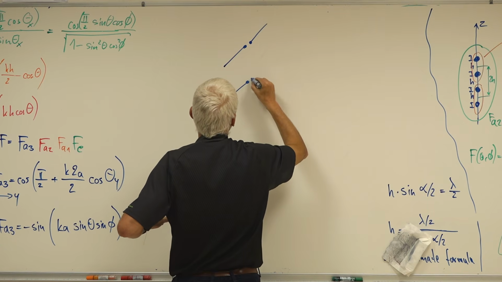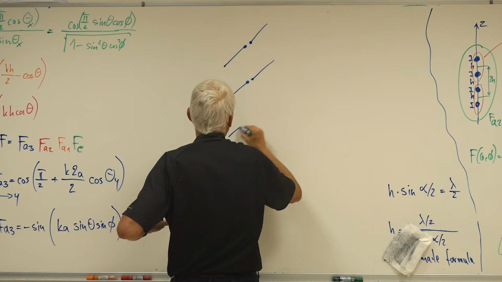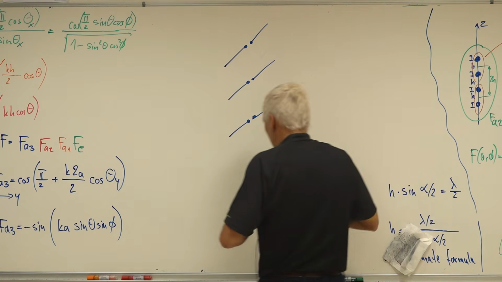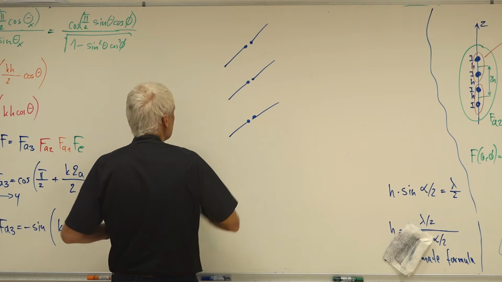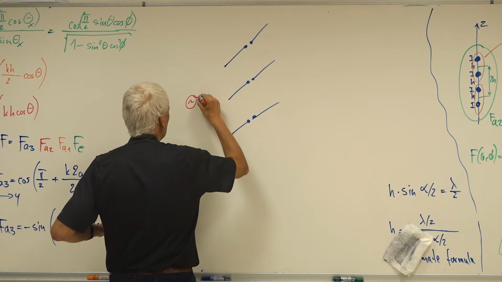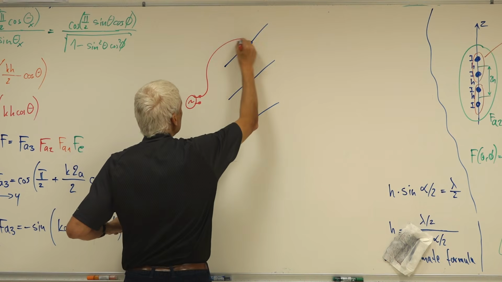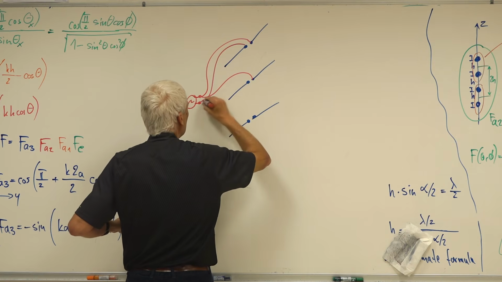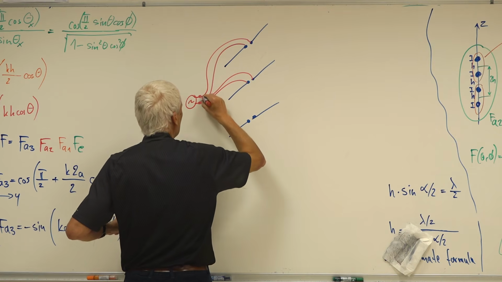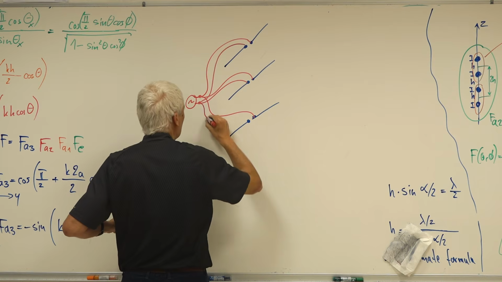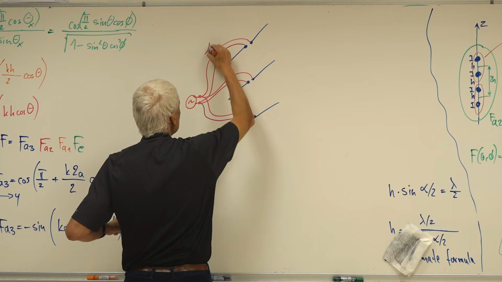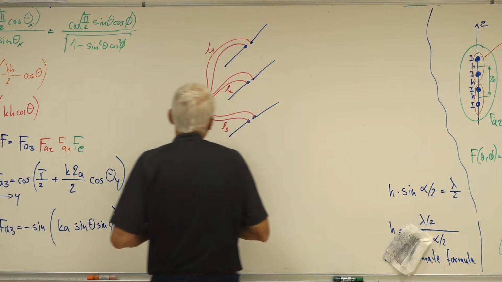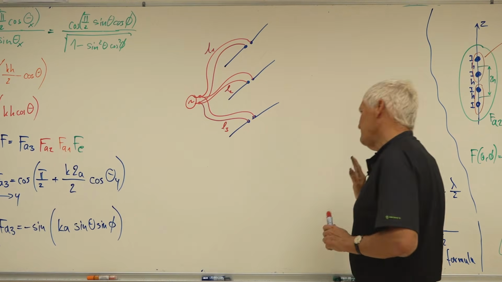I'm just drawing here 3 dipoles, to keep things simple, not more than that. I may feed these antennas from my generator. I may feed them in parallel, and this is parallel feeding, via feed lines that have the lengths L1, L2, and L3. And of course, matching the characteristic impedance of this line.